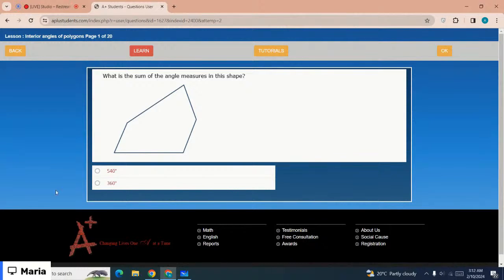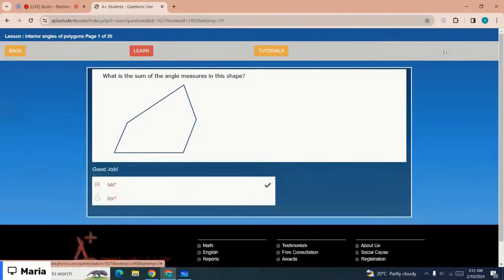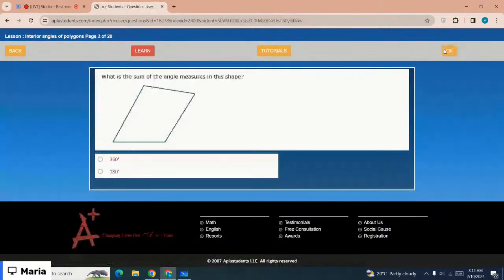The correct option is 540 degrees. What is the sum of the angles measured in this shape? Which is the correct option? That is a four-sided shape. Sum of angles is 360 degrees, right?